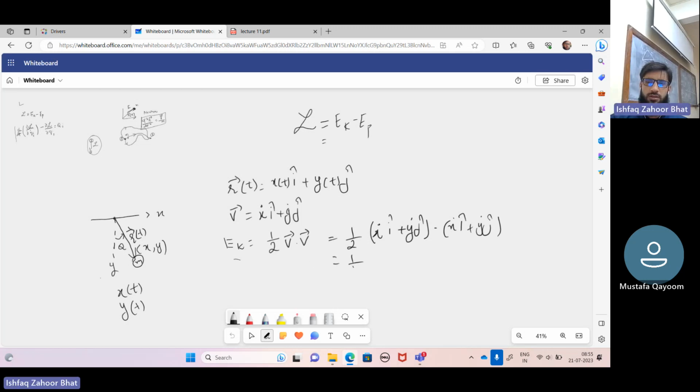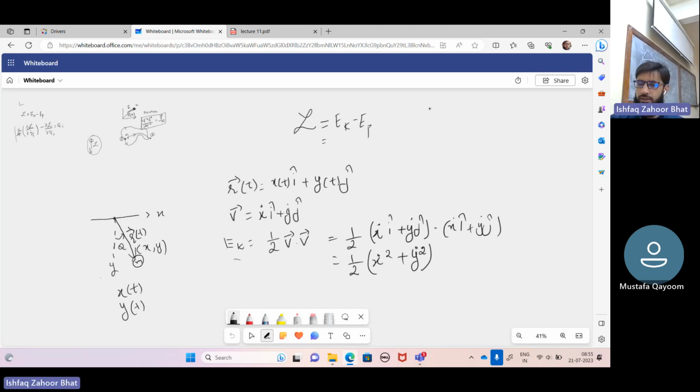So this will be x dot square plus y dot square. Okay, so this is the kinetic energy associated with this mass.